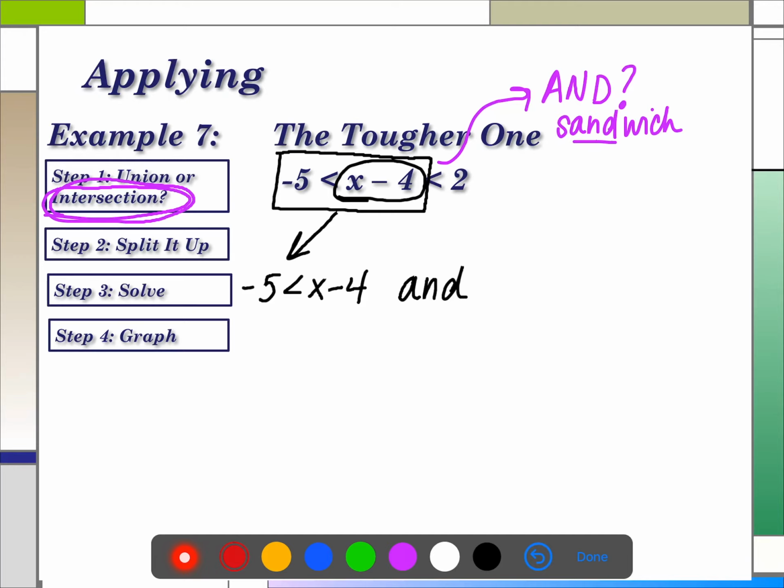And now we're going to take everything in the middle again and go to the other inequality symbol. x minus 4 is less than 2. So the x minus 4 is going to show up in both problems. But it's important that we split this up to solve, so it's going to make it much easier for us.